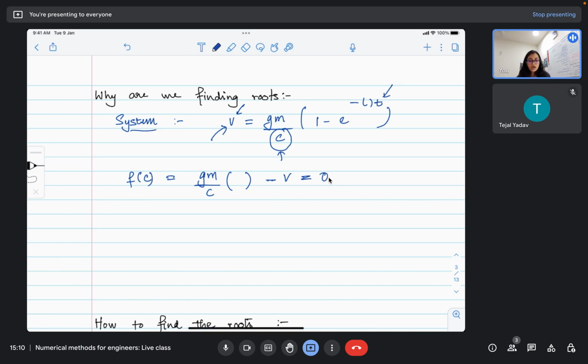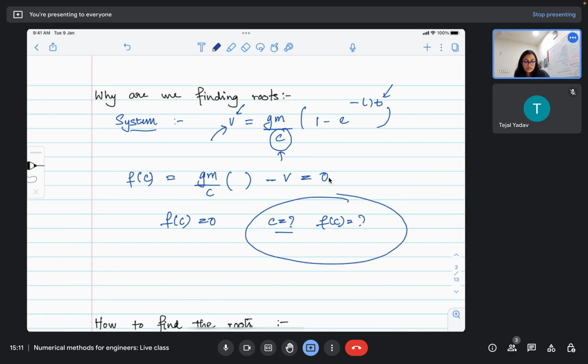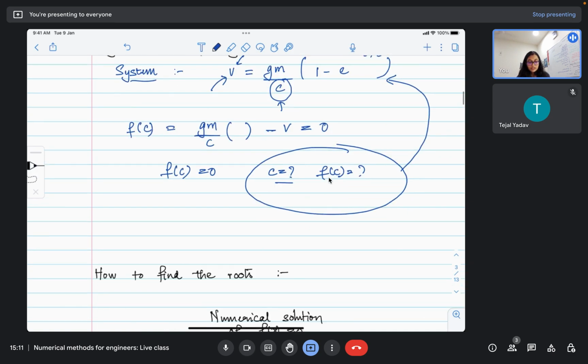Our main motivation to find roots is to solve f of C equal to 0, that is, for what values of C is f of C equal to 0. It ultimately goes back to the main idea that we are trying to study a system, any system.